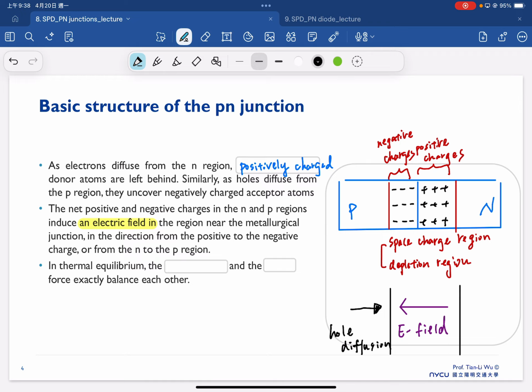The hole diffusion from left to right is balanced by the electric field, so this electric field will try to stop the hole diffusion. And similarly, we have the electron diffusion.